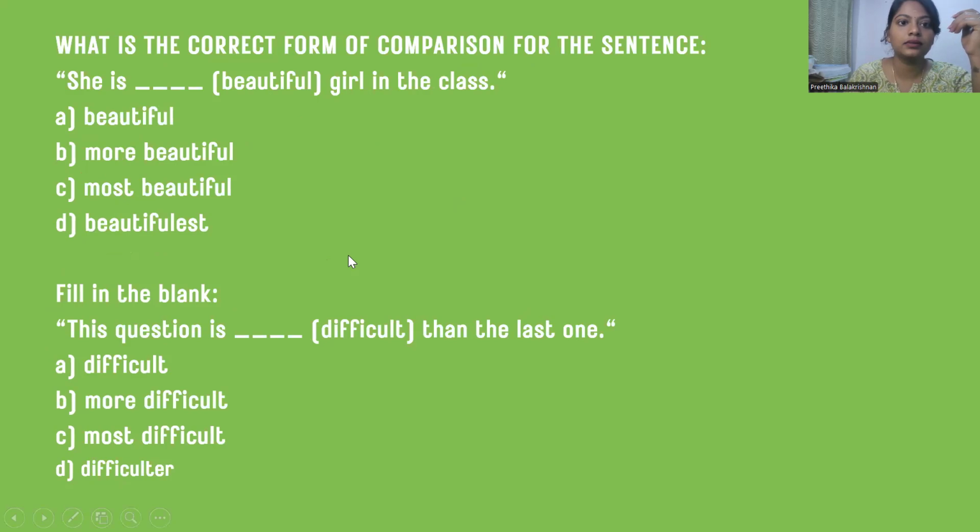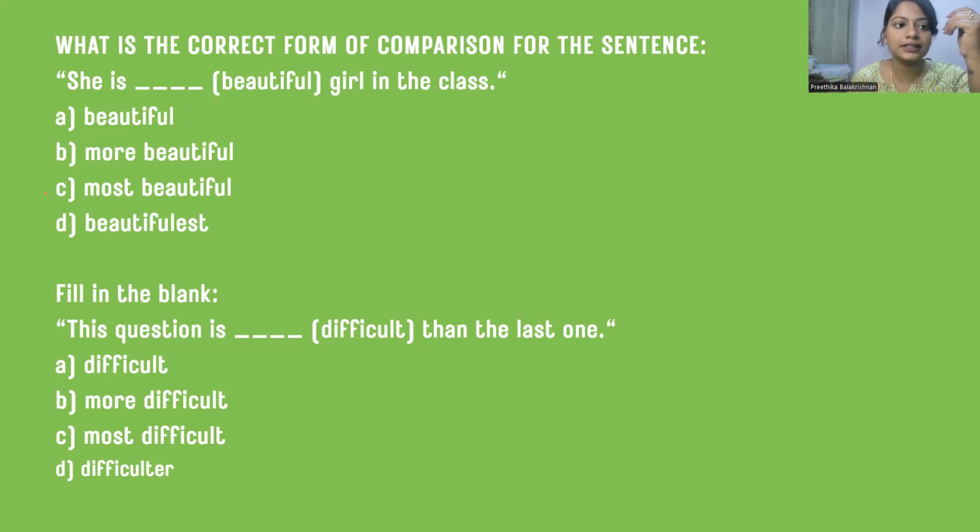Next one. What is the correct form of comparison for the sentence? She is dash beautiful girl in the class. Beautiful, more beautiful, most beautiful, beautifulest. She's the dash girl in the class. So it talks about comparing with more people in the class.